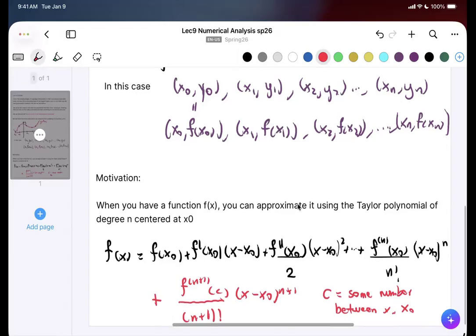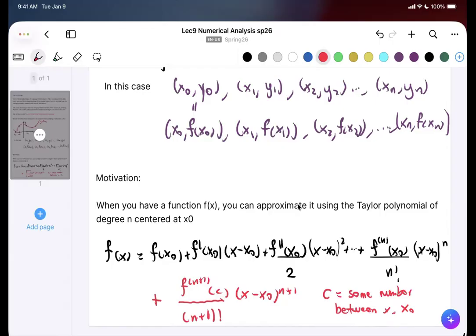But the idea is that in this approximation, the information that you need was a point and the derivatives, the first, the second, the third, the fourth, the fifth derivative up until the nth derivative, at that point, and then there's some error term, right?